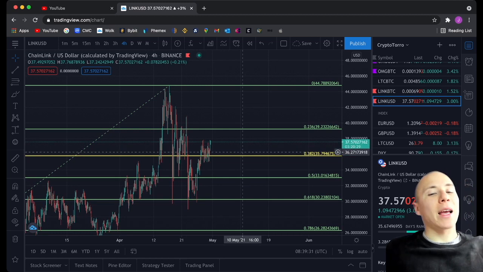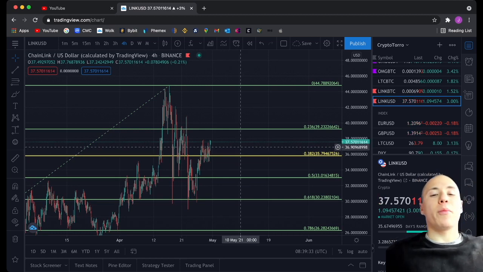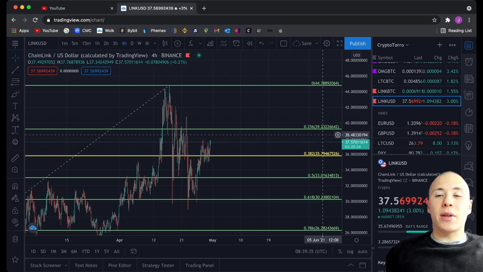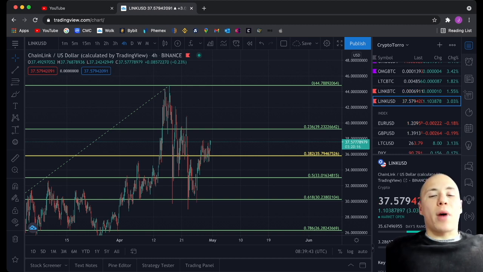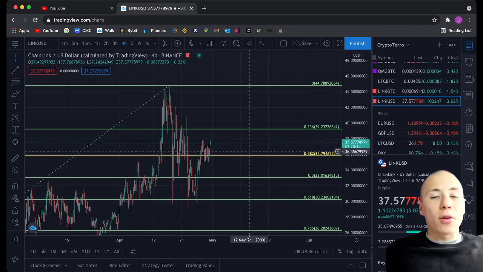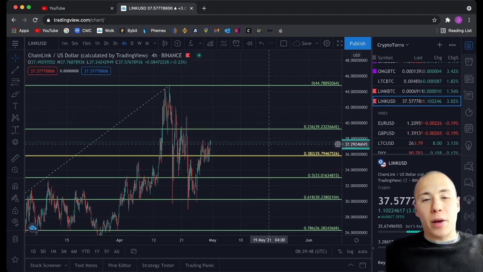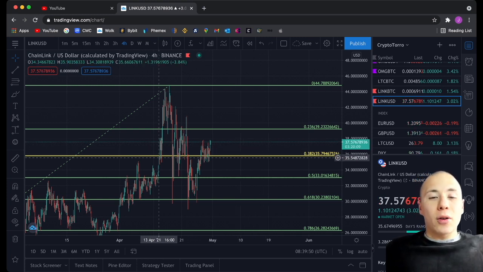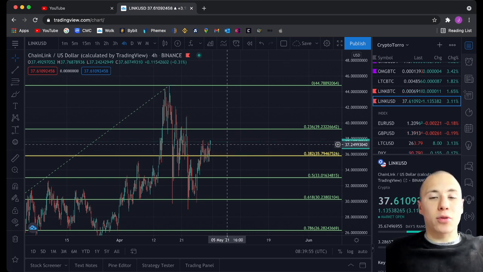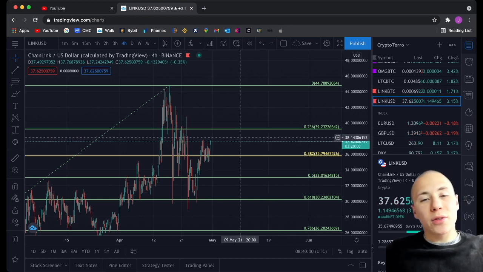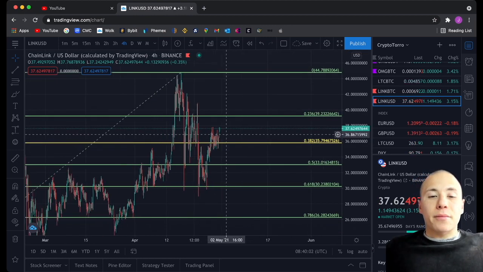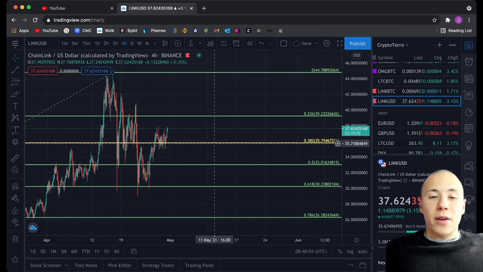But right now on Chainlink, I'm still very bullish, and I think Chainlink will be heading towards the upside, especially because, as I showed you, it has been performing very well lately, and that's why I think that it will be performing tremendously well in the upcoming weeks and even months. So right now I think it's a perfect buying opportunity for Chainlink, especially because it's trading around the 0.382 as a golden pocket entry on the Fibonacci retracement level. And I think this is very, very important.